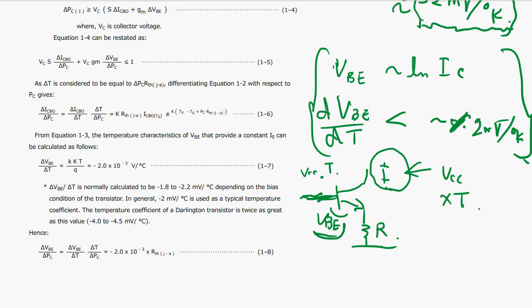So you have to understand this. Most ECL digital circuits use this type of constant current. It's not temperature compensated, but somewhat compensated actually, because this resistor value increases as temperature goes up. But it's not fully compensated.